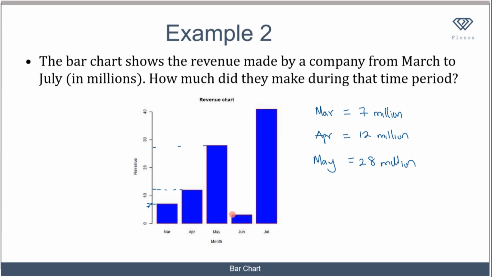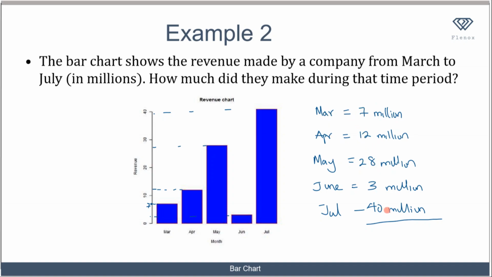What about for June? We trace it to the vertical axis, we have something around what? 3 million. And finally for the month of July, if we trace it, we see that we have what? Revenue of 40 million. So the total amount of money that they made during this time period from March to July is just the sum of the amounts made in the individual months.